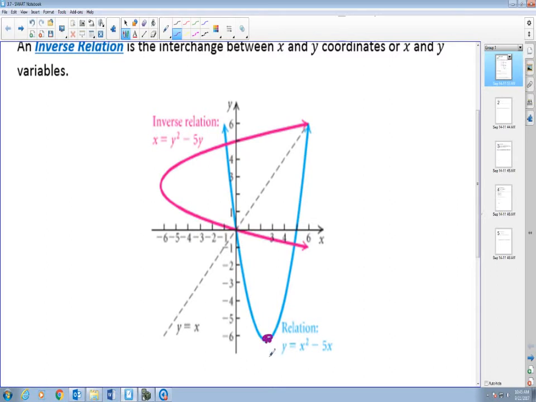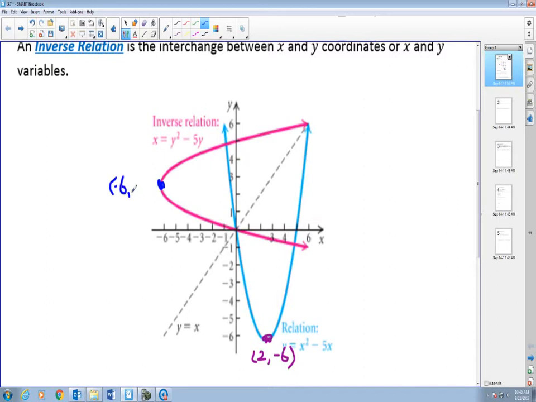This vertex looks like maybe a (2, -6). So if I want to interchange between the x and y coordinates, look at the pink parabola. The vertex, if I interchange this, will be (-6, 2), and that's basically where my vertex is going to be for my horizontal parabola.